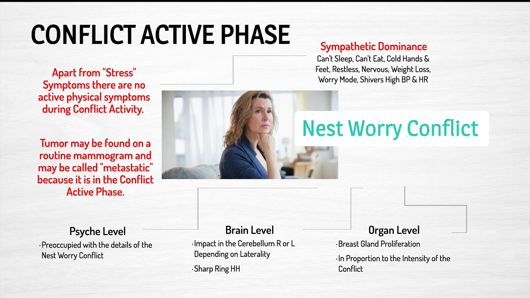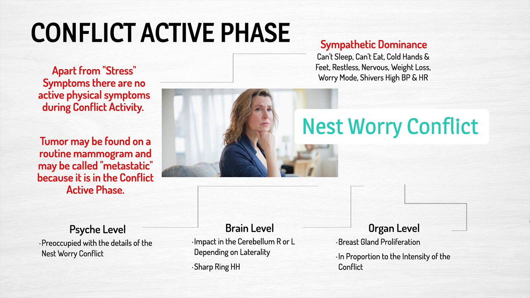If it's found by conventional medicine during this stage, and the tissue is viewed, they will find that it is in the stage of proliferation. Conventional medicine sees that as a metastatic cancer, and being diagnosed with something like a metastatic breast cancer during this stage can induce an additional conflict, which we'll discuss a little bit later on.